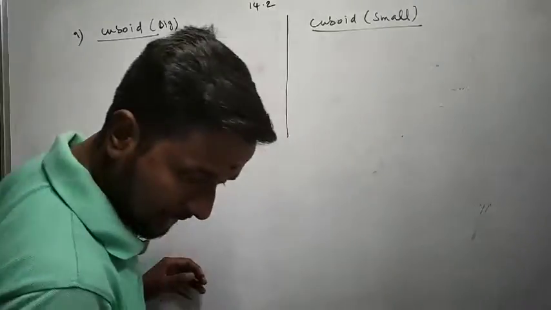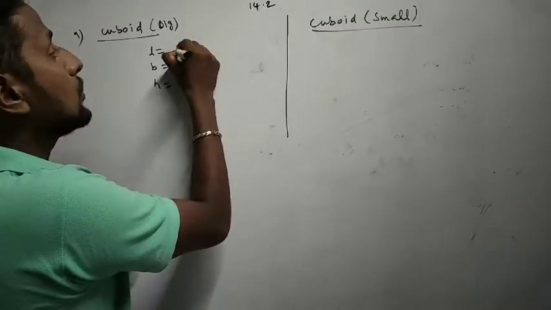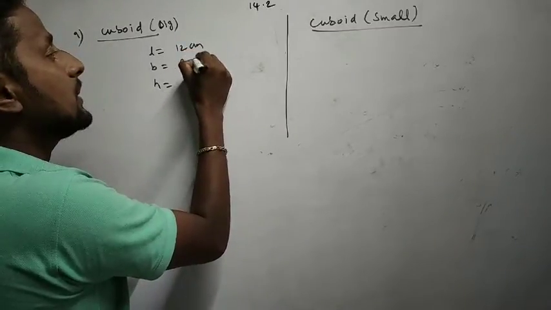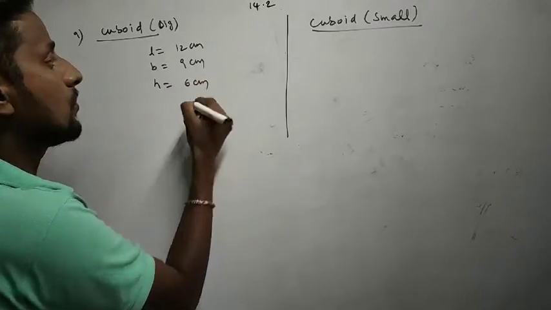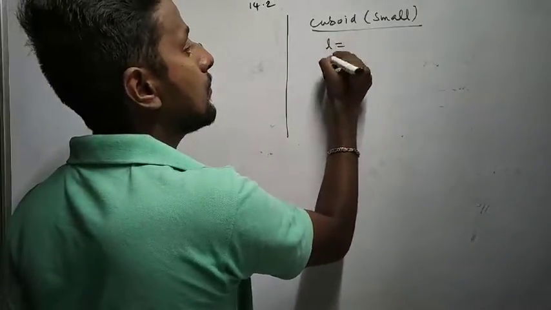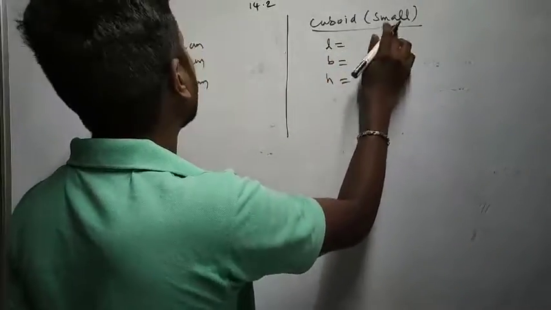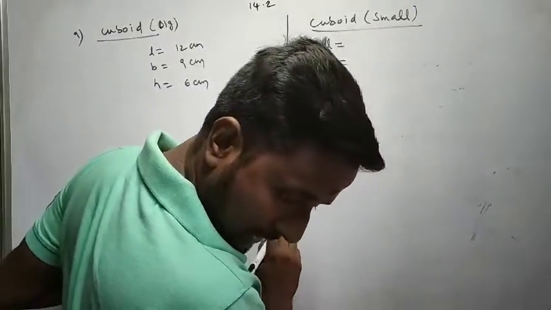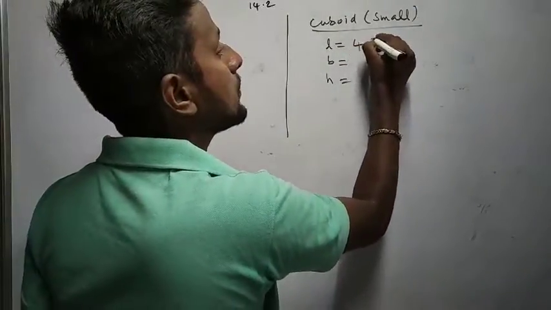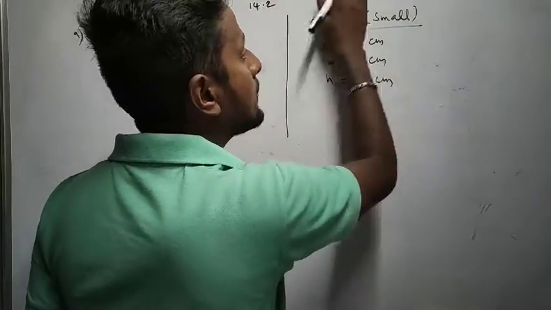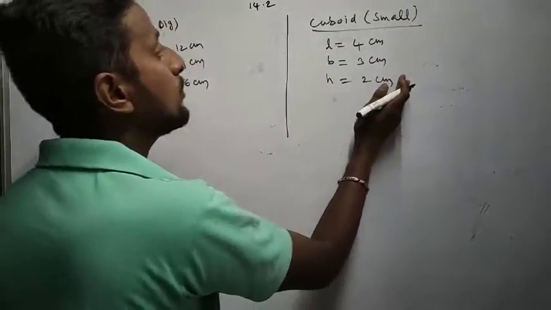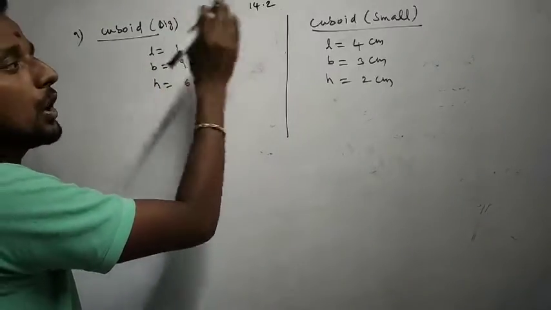Dimensions of the big cuboid are 12 centimeters, 9 centimeters, and 6 centimeters. Here L, B, H, small cuboid: 4 centimeters, 3 centimeters, 2 centimeters. 4, 3, 2. This is a small cuboid, no? So how many small cuboids can you make from a large cuboid?